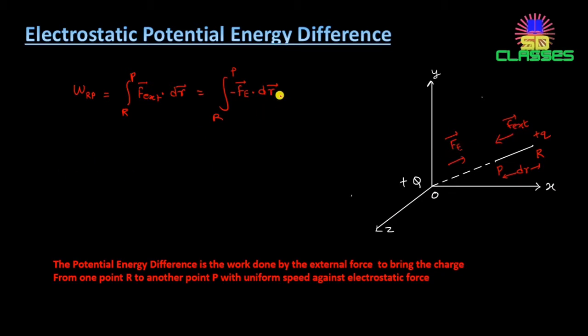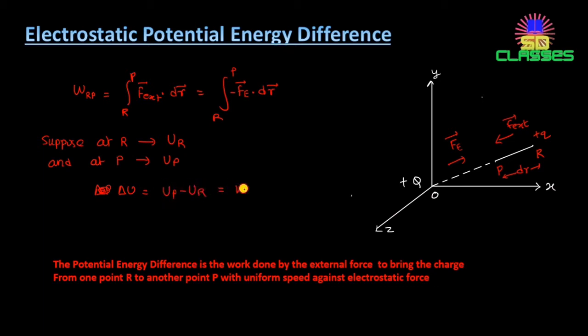So this is the potential energy difference between point R and P. Suppose at R the potential energy is UR and at P the potential energy is UP. Then what is the potential energy difference? That is delta U is equal to UP minus UR.